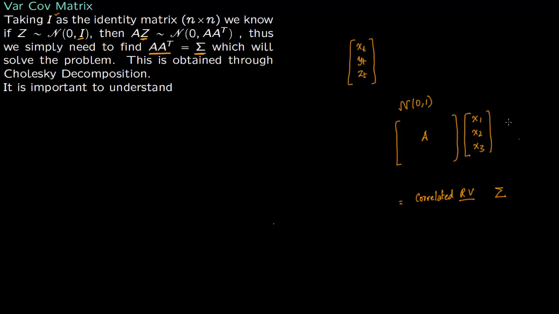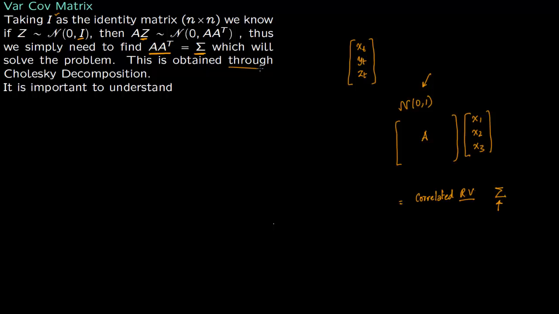So the idea is that you don't have to do much work. Once you implement drawing a normal random variable from this distribution, normal 0 1, then you can get any correlated random variable. Any matrix sigma is given to you, you can get correlated random variables simply by multiplying this vector of 0 1 random variables with A, where A times A transpose is sigma.